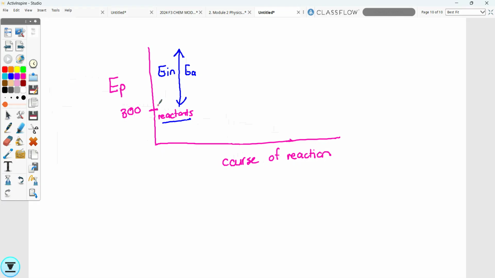So now these reactants don't exist anymore. They have changed to a substance that's there, that we call what? Activated complex. So that energy again is a point. So let's say that's 700 there. So the 700 is for the activated complex.